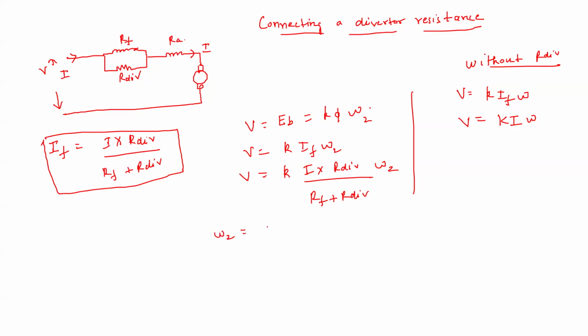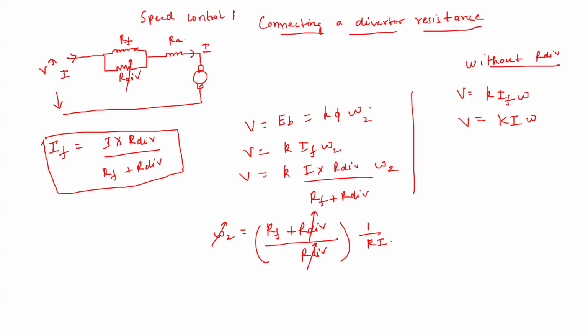So omega 2 becomes proportional to RF plus R diverter by R diverter, by KI. So if you can vary this R diverter, you can vary the speed. So this is how by connecting a diverter resistance, you can get variable speeds. Okay. So this is doing speed control by connecting a diverter resistance. Okay.